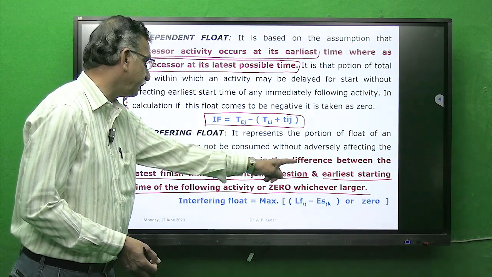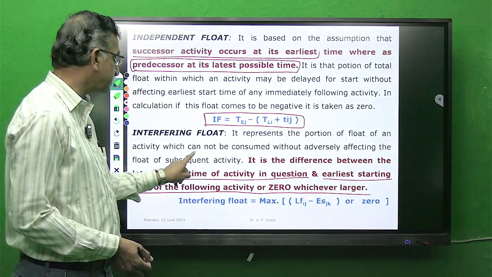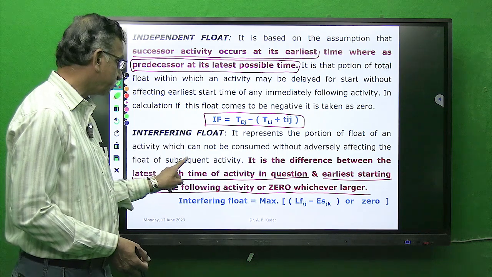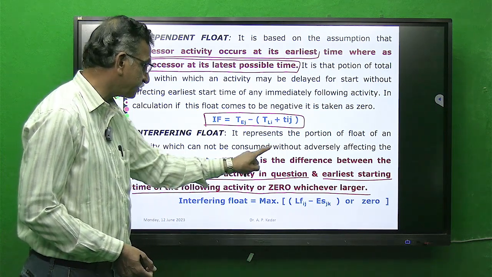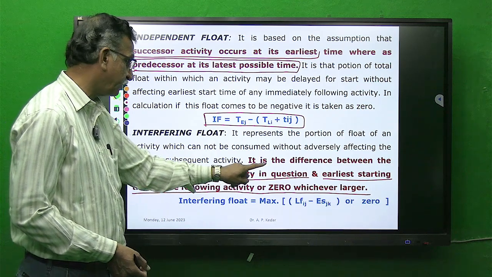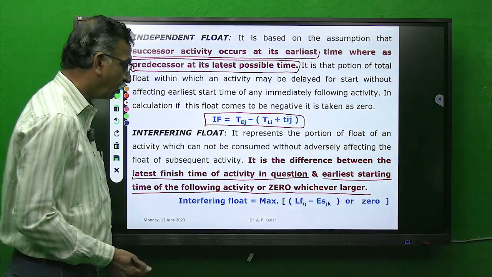It represents the portion of the float in an activity which cannot be consumed without adversely affecting the float of the subsequent activity. It is the difference between the latest finish time of the activity in question and the earliest starting time of the following activity, or 0.